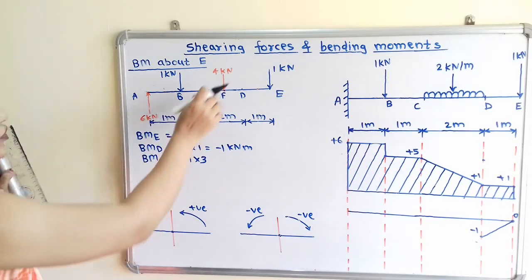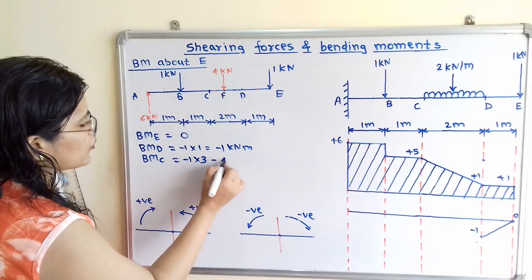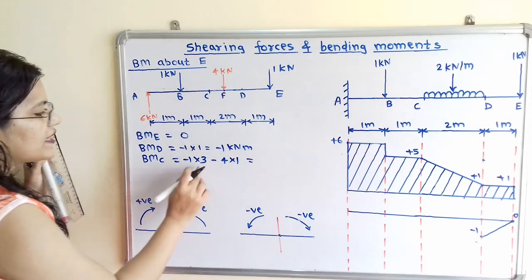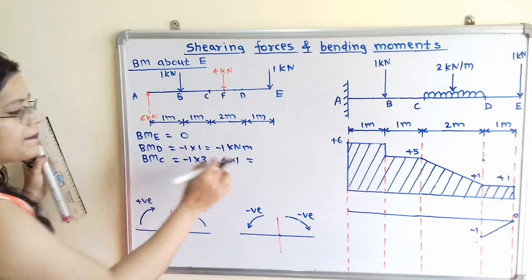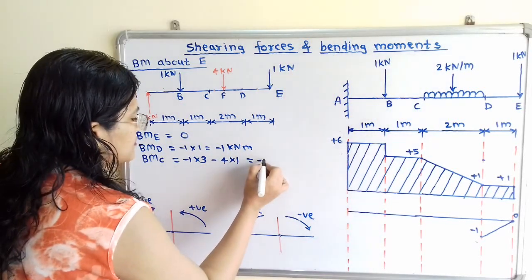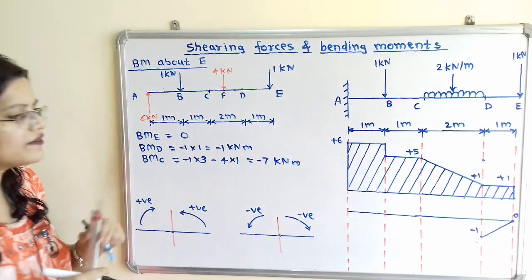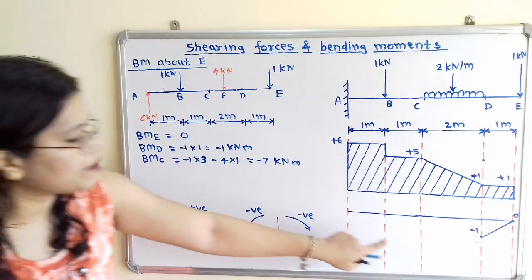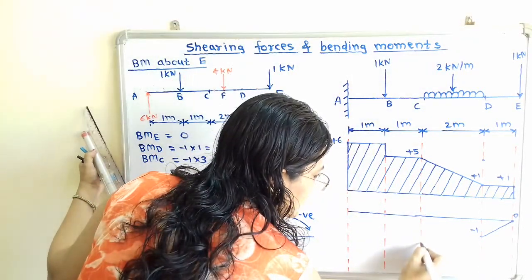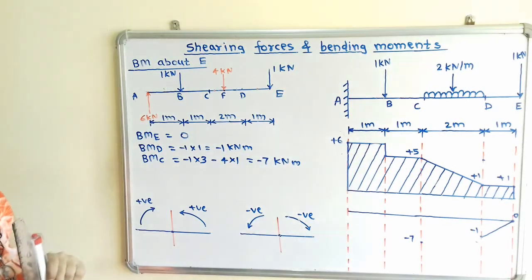So how to show this? It is also in clockwise direction. So -4 multiplied by this distance 1. When we calculate -3 minus 4, that is equal to -7 kilonewton meter. So again we have to mark here -7. I will mark here point -7. Now how to show this?